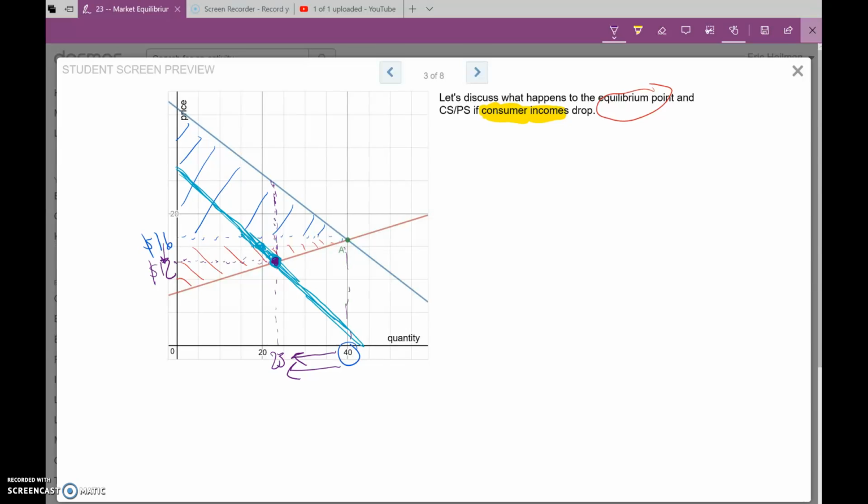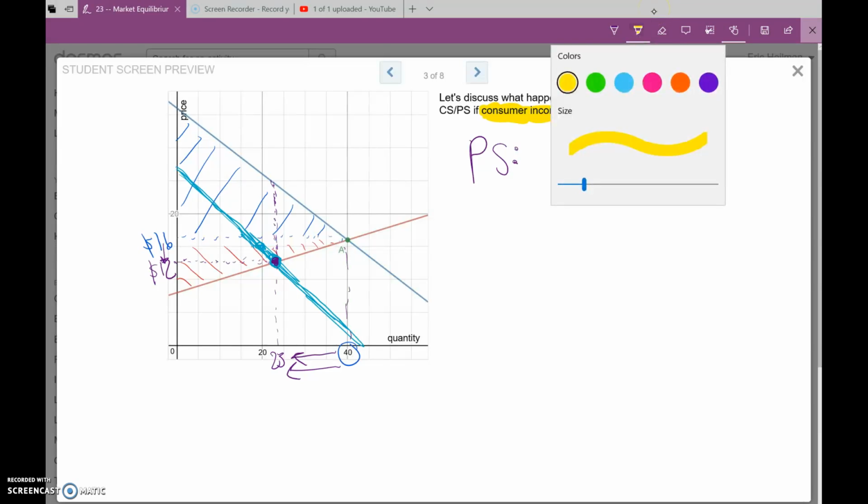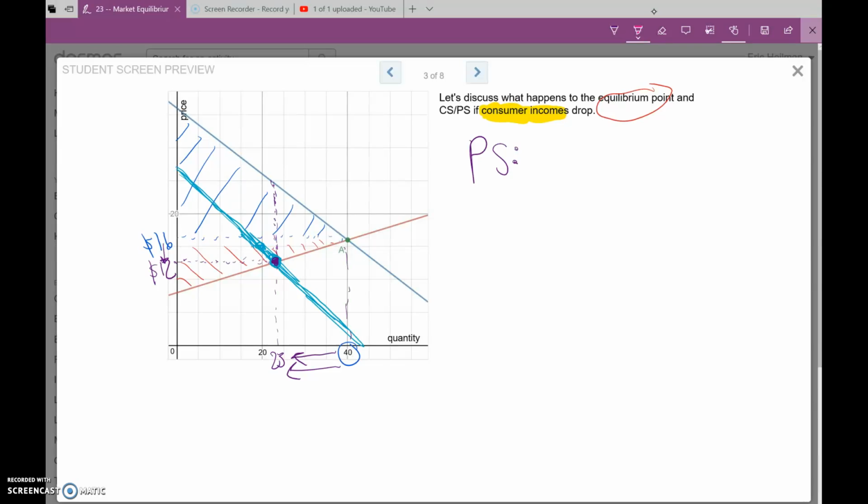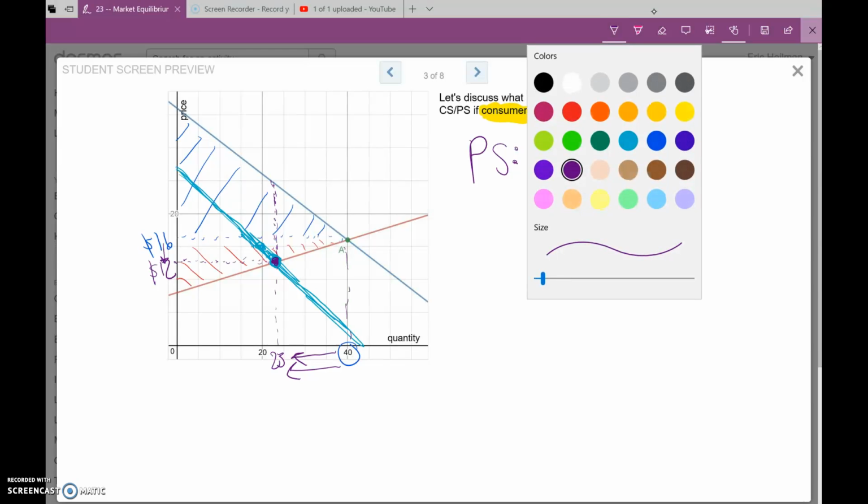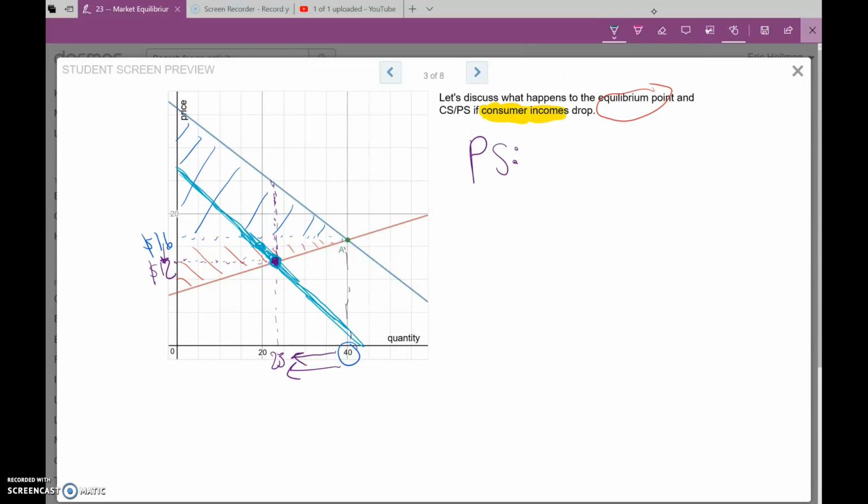That brings us to the question of surplus. Let's talk about producer surplus first. That's graphically the easiest thing to see. The original producer surplus was that red triangle that we shaded. The new producer surplus is now the smaller triangle.